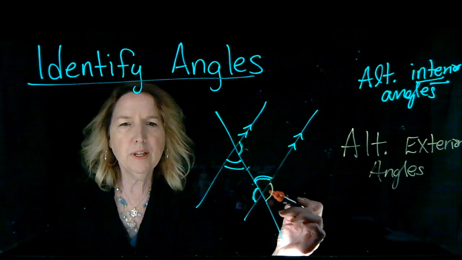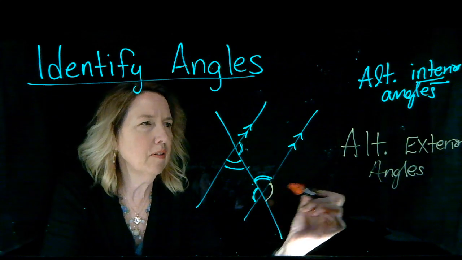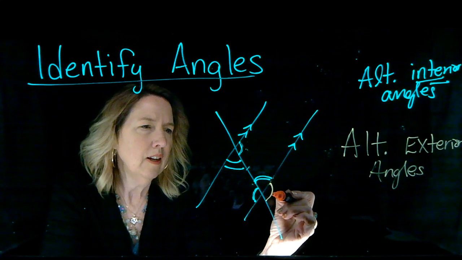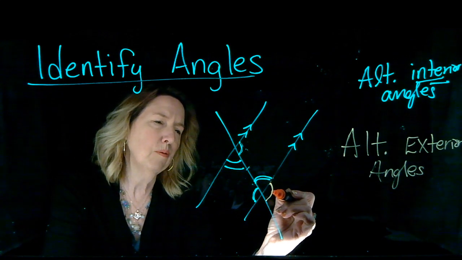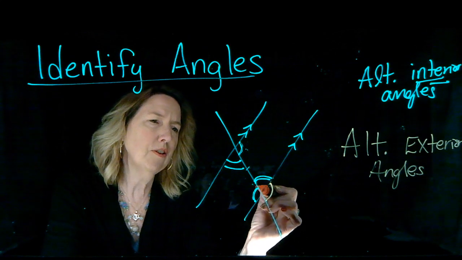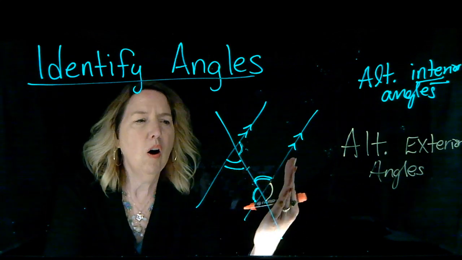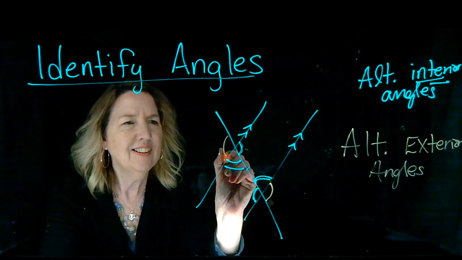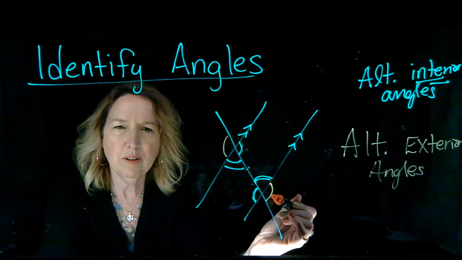But I'm putting that in a different color because I just want to show you it's on the exterior. And so where's another one that goes with that? Well, if you go across the transversal and you alternate, you go across it, this one is congruent to that one.